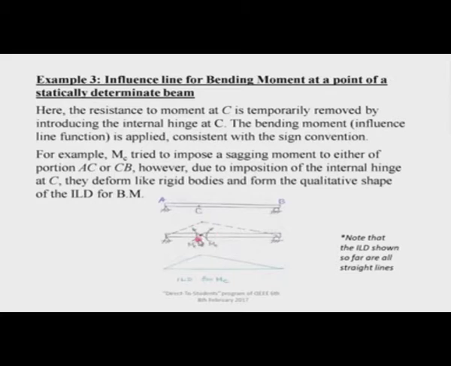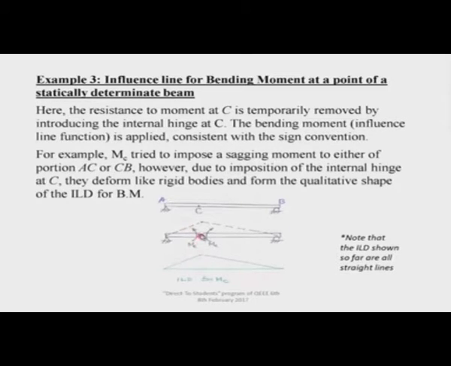So, there what I apply is like this, so that this part of the rigid body has a sagging moment if it is resisting. In fact, it is a rigid body, so it cannot bend; it will just move. It will rotate due to the moment, and move due to a force.